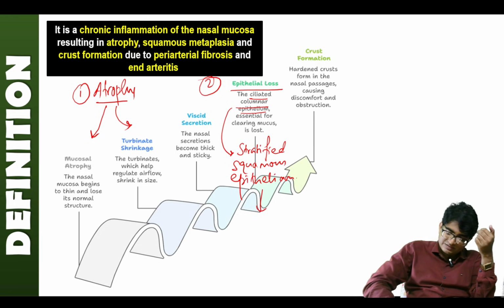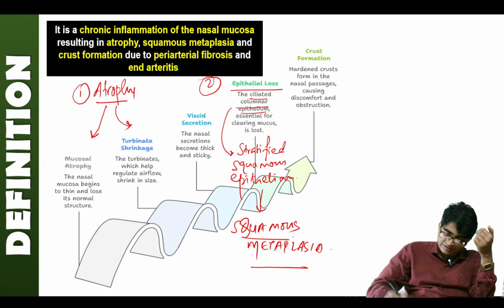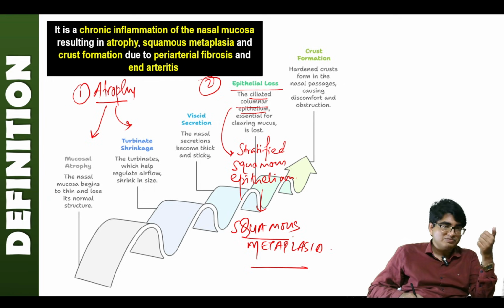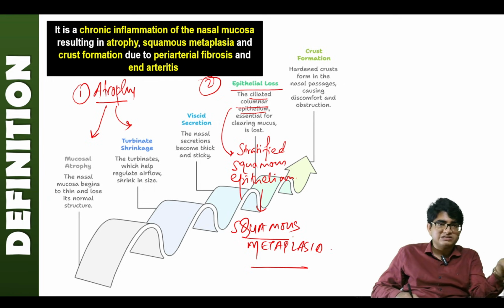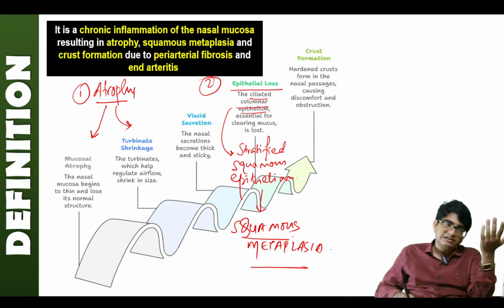This is known as squamous metaplasia. This is the second keyword you have to find out in the questions, correct? Next, what happens? There is decreased goblet cells, there will be stagnant, viscid, scanty nasal discharge.